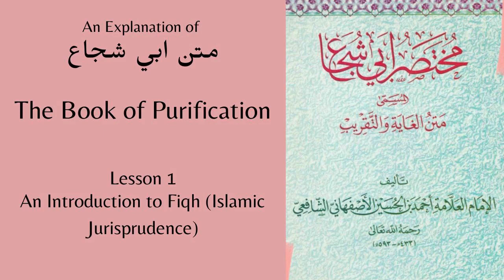The author of the book, his kunya is Abu Shujaa. It is said that he lived for 160 years. He was a very knowledgeable person of his time, and he was from Basra, which is a city in modern day Iraq.